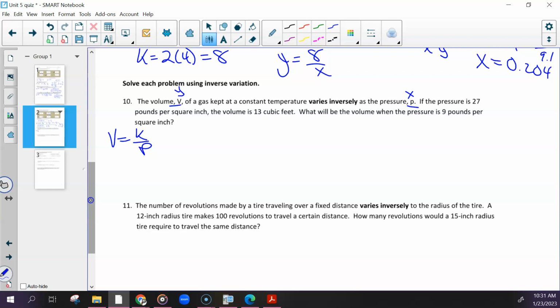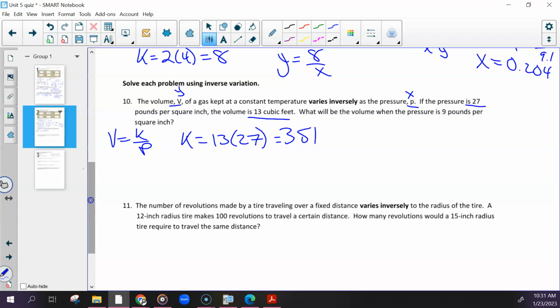Use the numbers given to solve for k, 13 and 27. Multiply those together. You should have gotten 351.